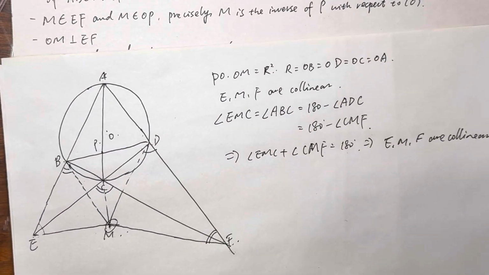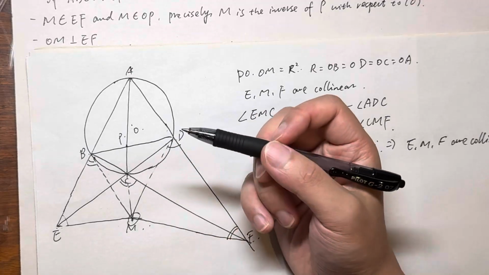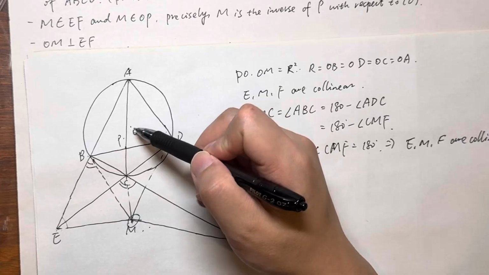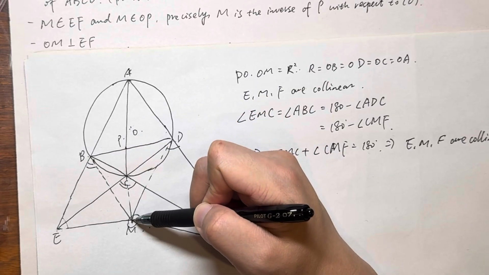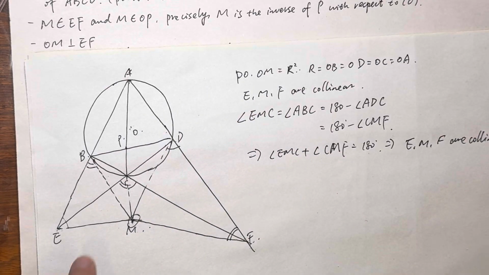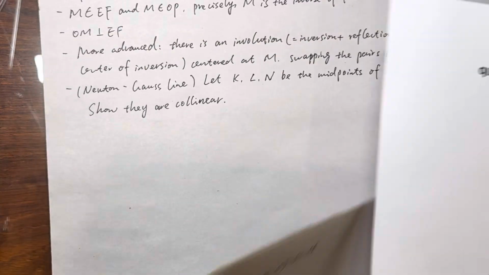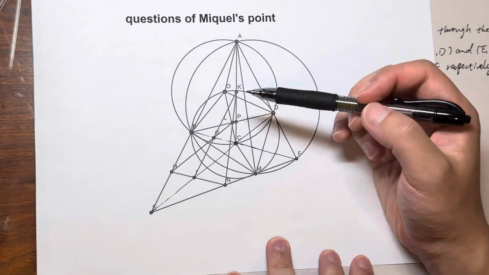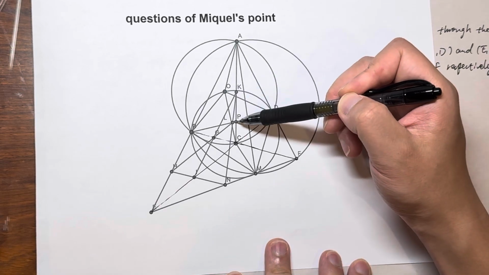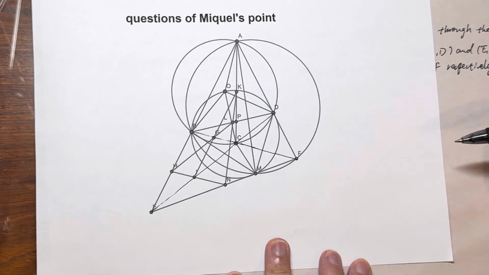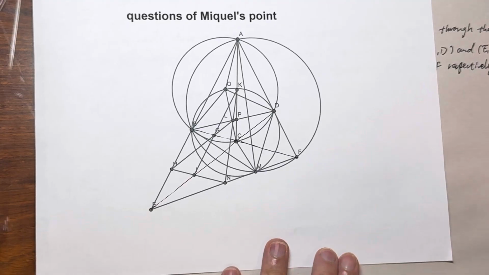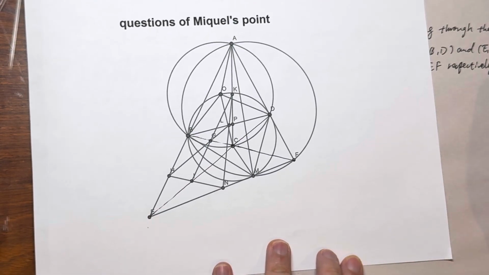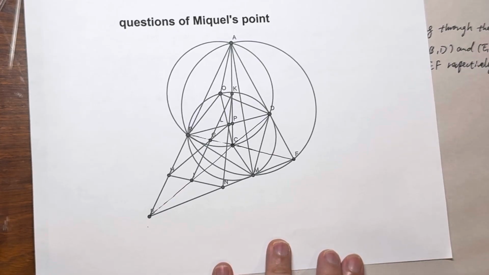And now we want to prove that O, P, M are collinear. This figure is difficult to look at, but let's use this figure, it's easier. We just proved that M is on EF.